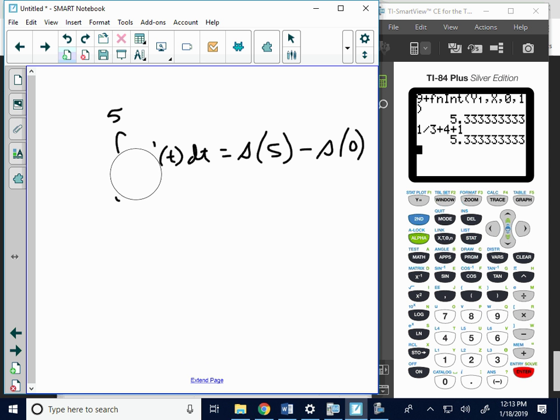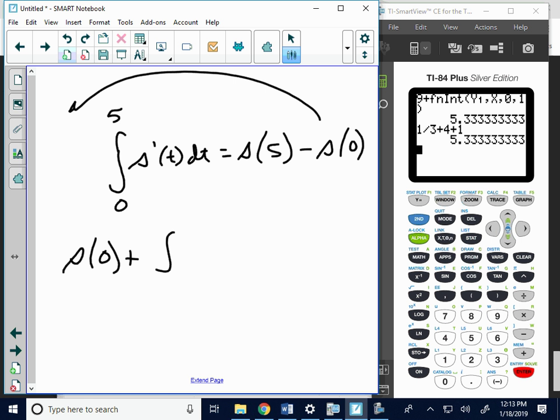I got on my trig class because they kept writing their s's so they looked like 5s. So I said, please do that for me. As long as you can distinguish between them, that's okay. So we chuck this across and we get s of 0 plus the integral from 0 to 5 of s prime is going to be s of 5. Notice the 5 looks like an s sometimes if I'm not careful.